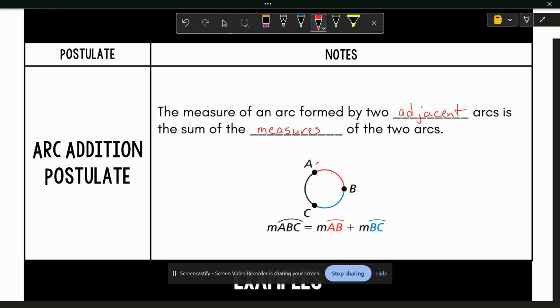A to B to C, here to here. I could take the measure of A to B plus the measure of B to C, and that would end up being the same as ABC. It's literally just you have two arcs, you can put them together and add.